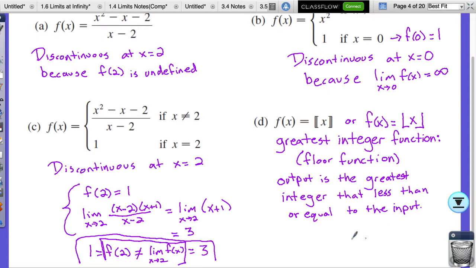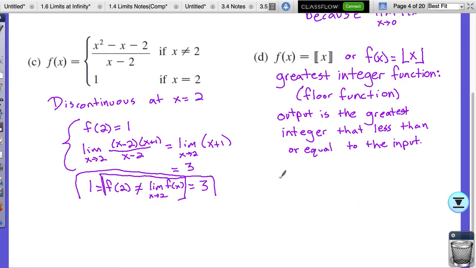That's our definition of a greatest integer function. If you're plugging in integers like 1, the greatest integer function of 1 would just output a 1. Anytime you plug an integer in, you're going to get the integer out. But if you plug in a decimal or a fraction, or a square root number, but mainly we think about decimals and fractions.